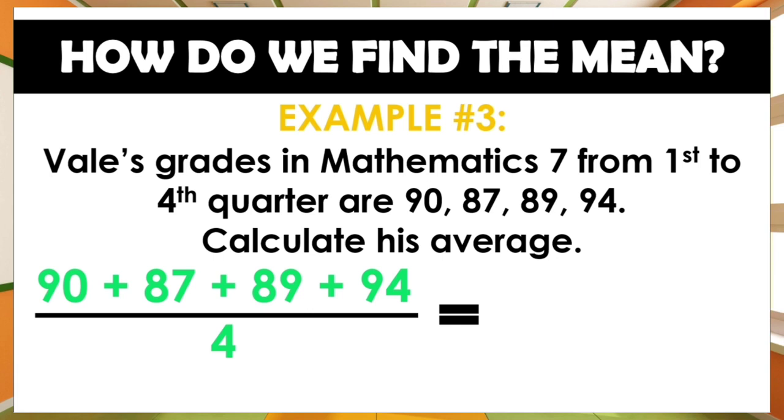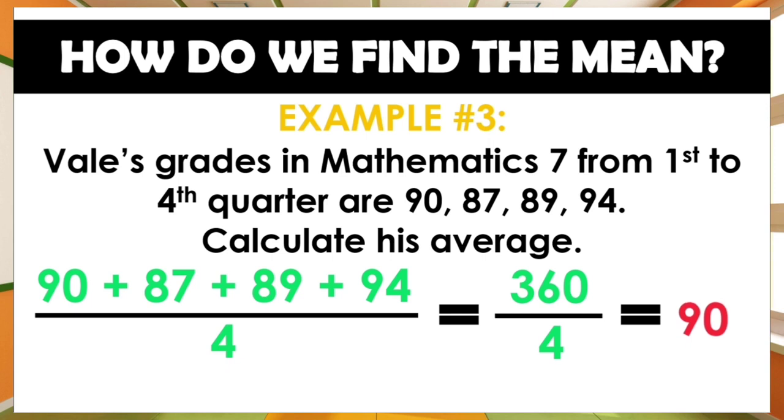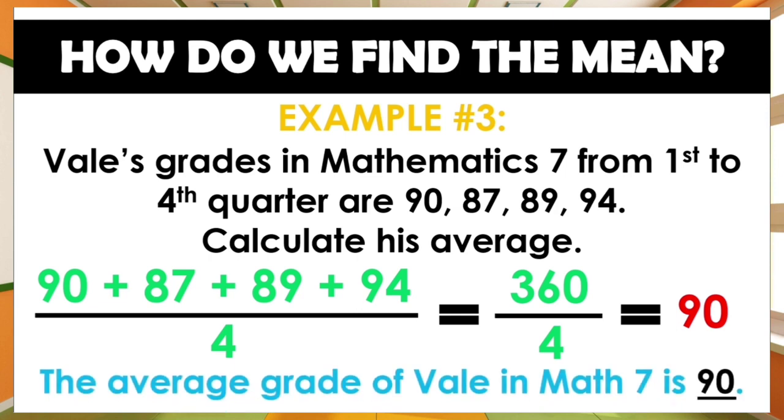Adding these numbers, we get 360, then divided by 4. The final answer is 90. Therefore, we can conclude that the mean or average grade of Vale in Mathematics 7 is 90.